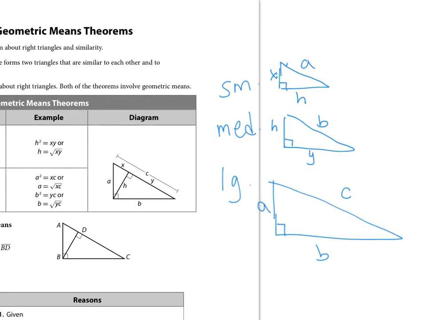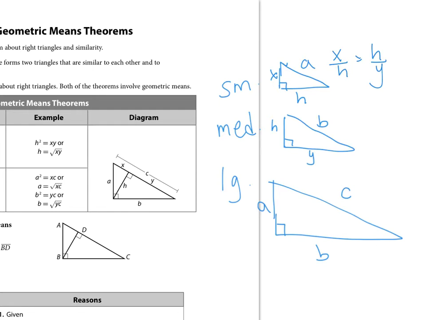So as we're looking at those diagrams, we can think of setting up proportions of corresponding sides in the following way. Between the small and the medium triangle, if we looked at the ratio between their short leg and longer leg for each one, we would be able to set up the following proportion, which is x to h equals h to y.